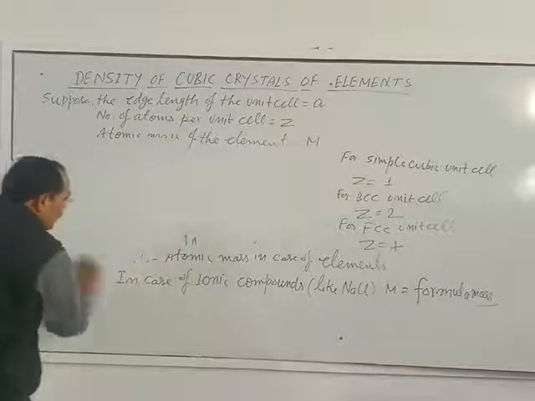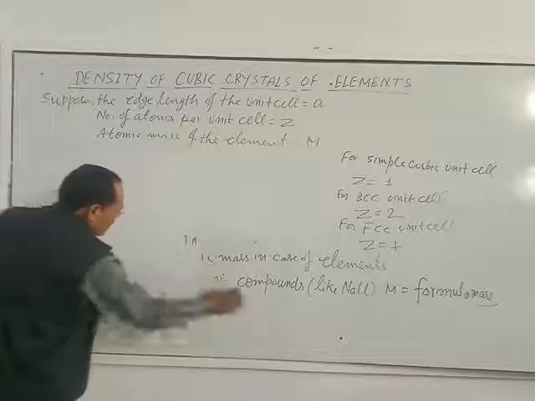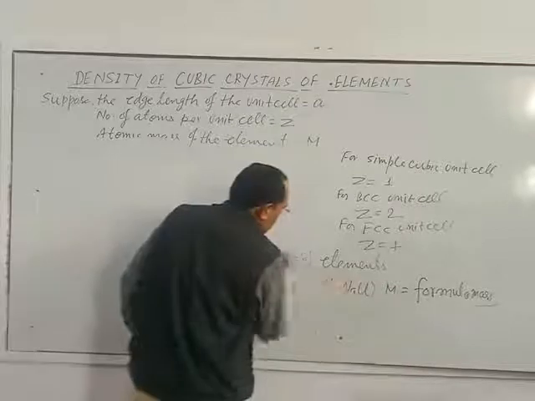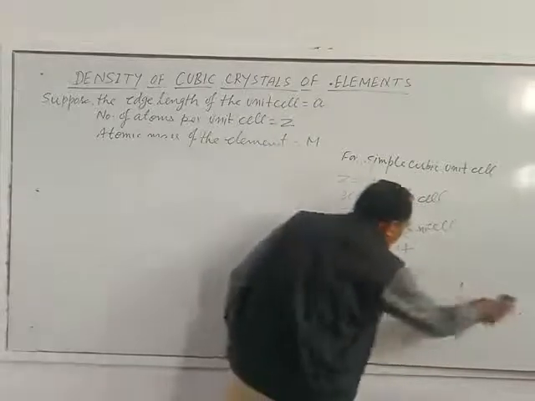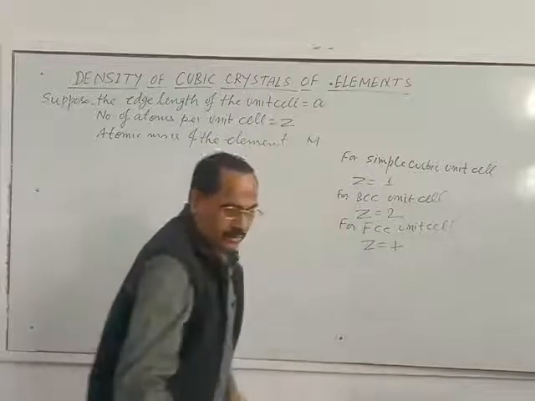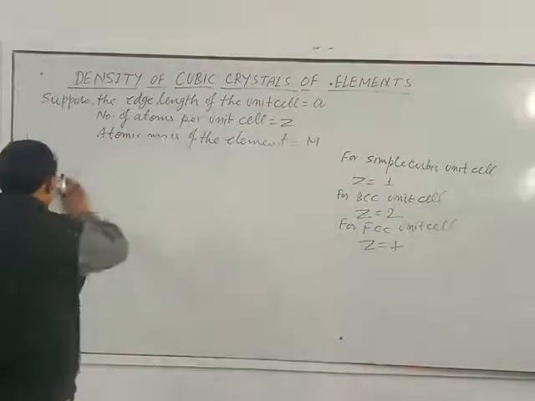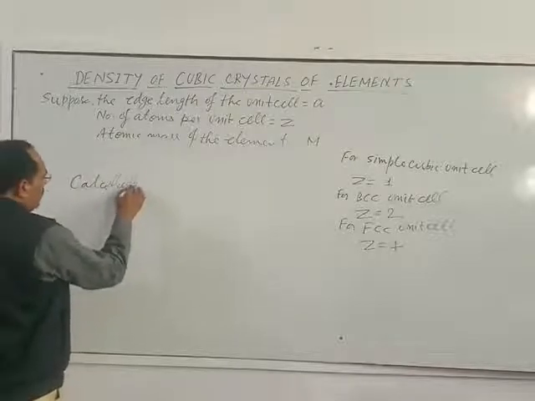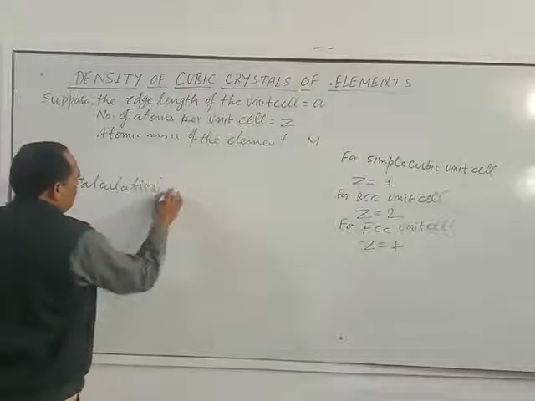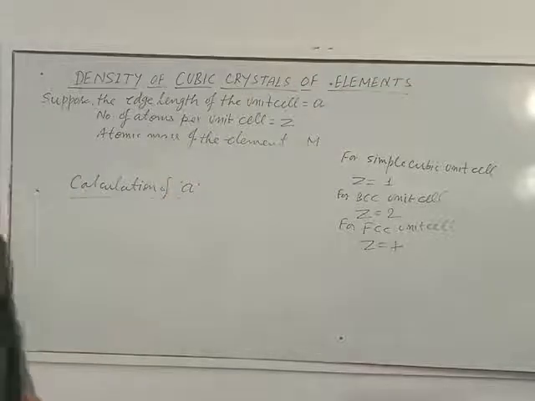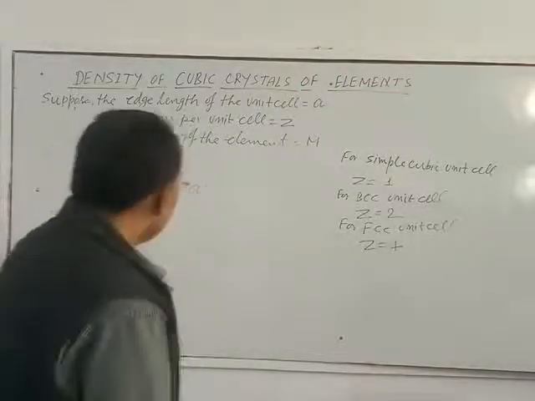How will you calculate the value of a? It is the relationship between edge length and the radius of atom. Calculation of a, means edge length, for different types of unit cells.